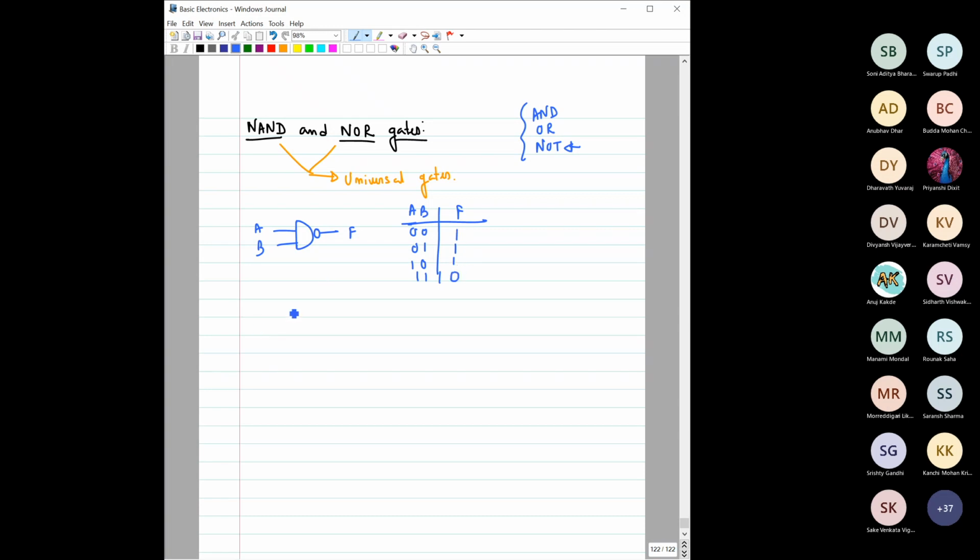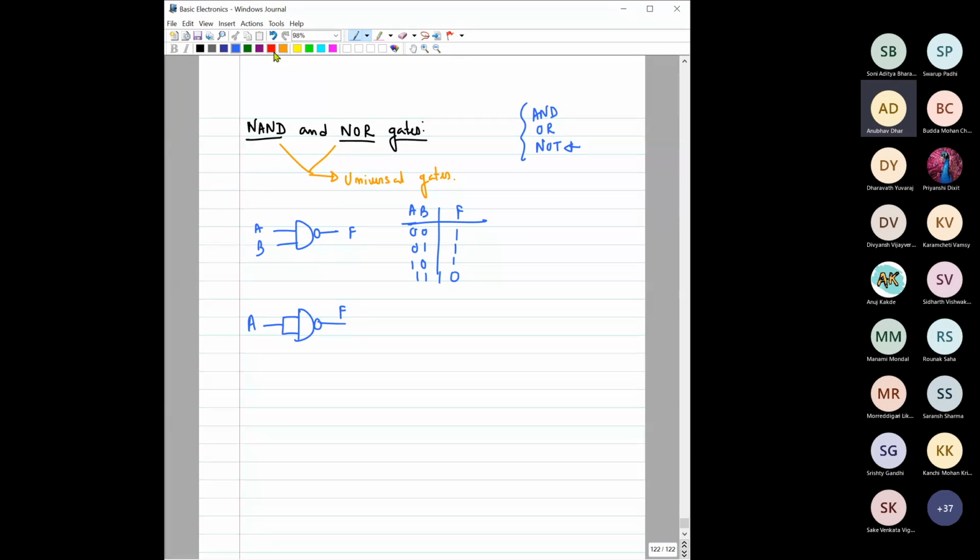Very good. Let us now think in this way. If we short these two inputs and make them the same, so A equals B, then what will be the function? A complement.